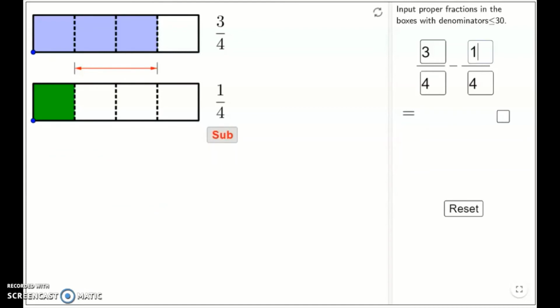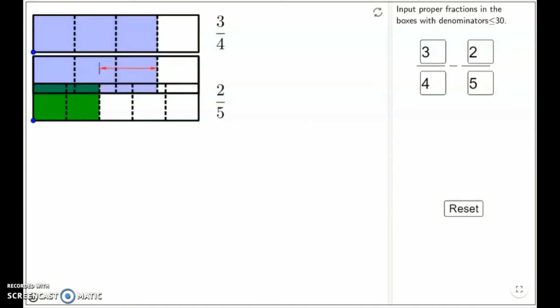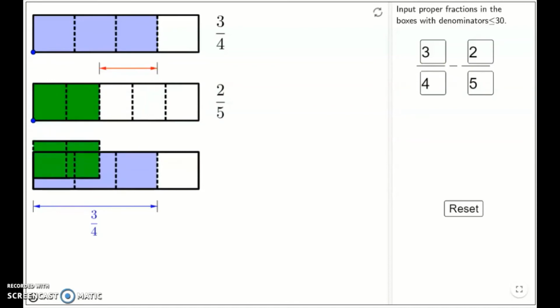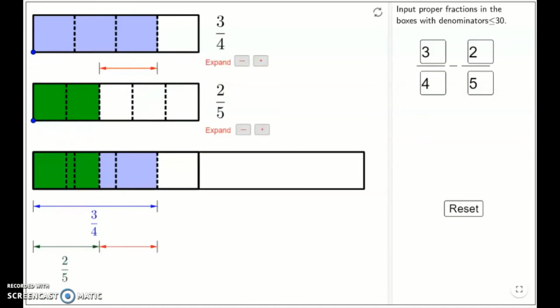Let's try 3/4 less, say, 2/5. And we'll try this. So this time, just as with addition, we need to organize this with the same denominator.